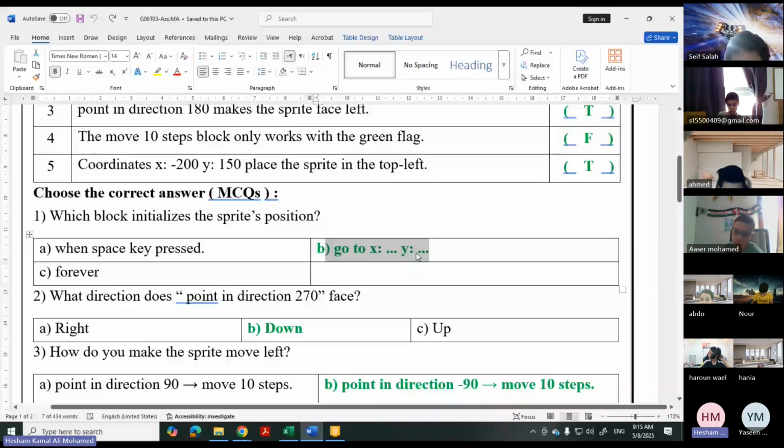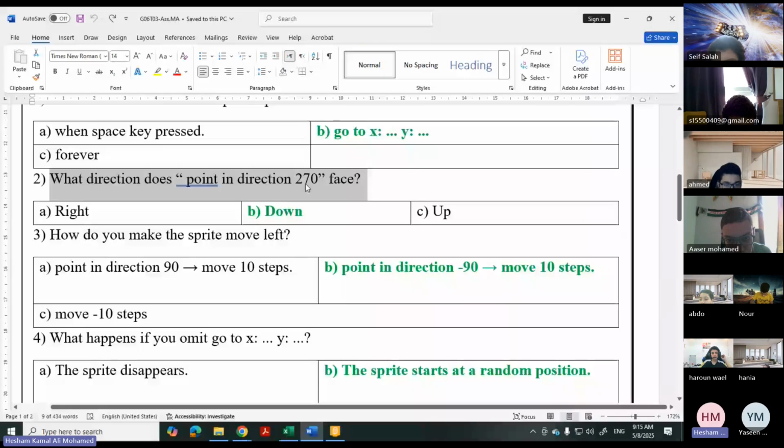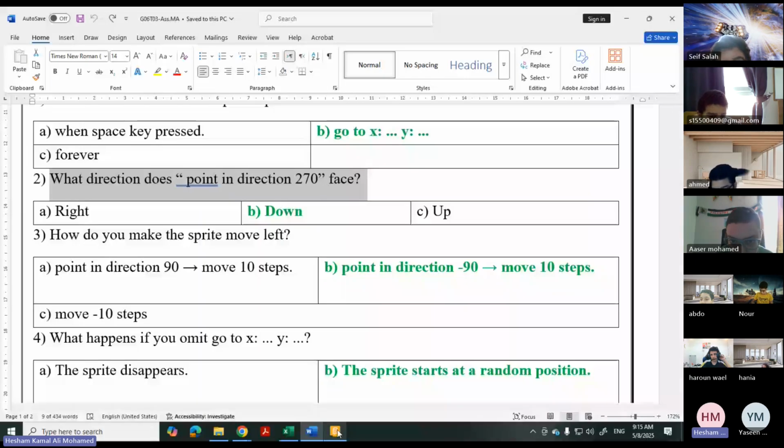Right. Can you do the next one as well? Read this one. What direction does point in direction 270 face? Okay, 270. Let's go back here to Scratch.